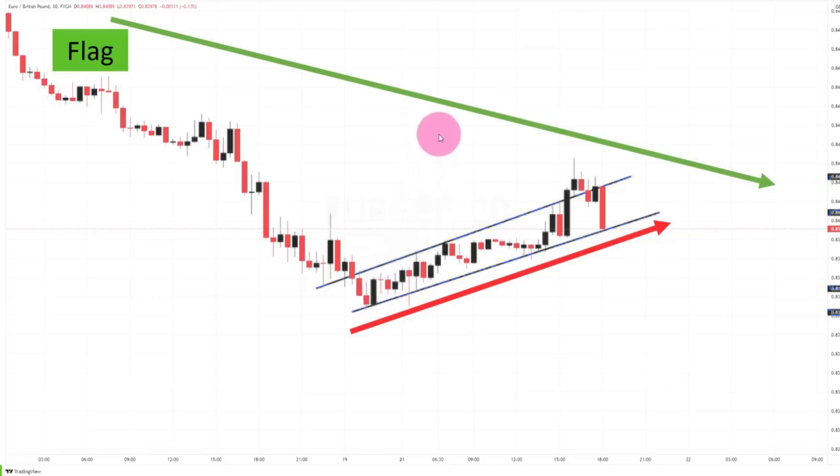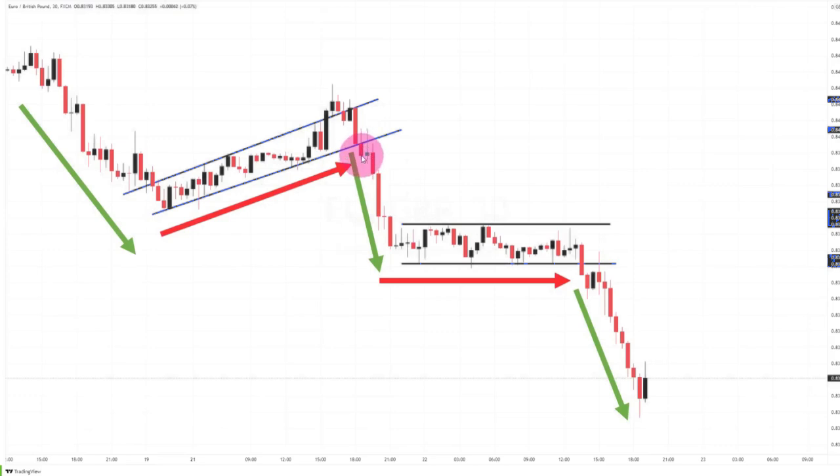If the market rises very strongly, that's often not a very good sign because it indicates either a lot of buying or a lot of profit taking from the sellers. And you can see after the flag was broken, we moved down very, very quickly. So you can see in a long amount of time, the market rose very little. Whereas here in a short amount of time, just a few candles, less than 10 candles, the market not only broke below the flag, but we continued to move lower.